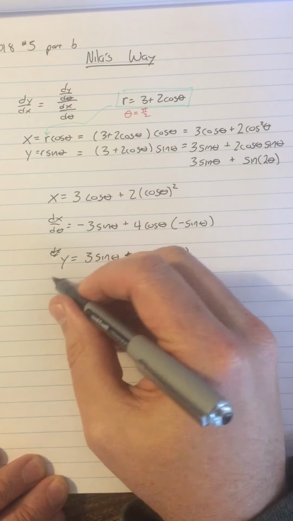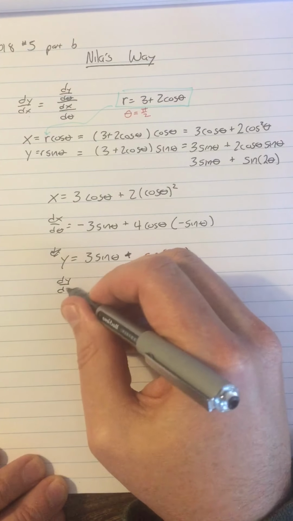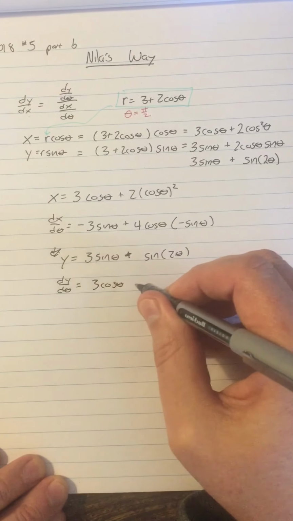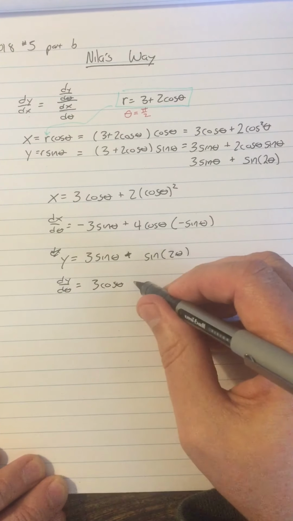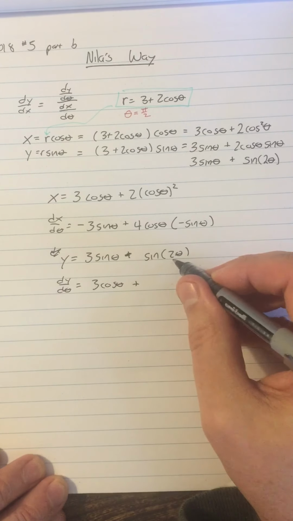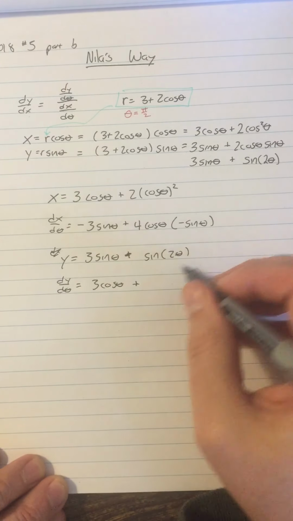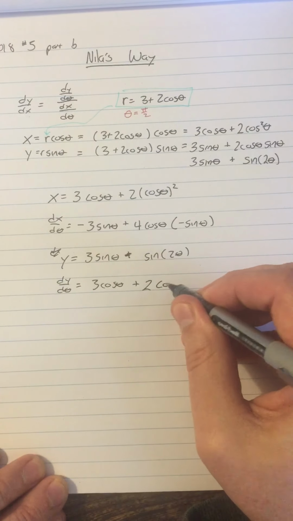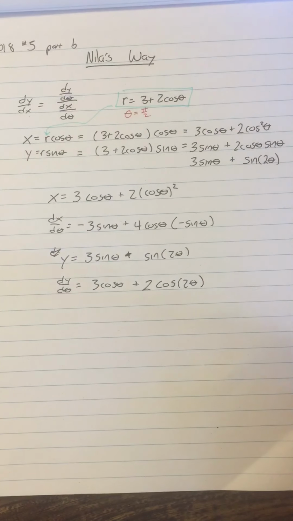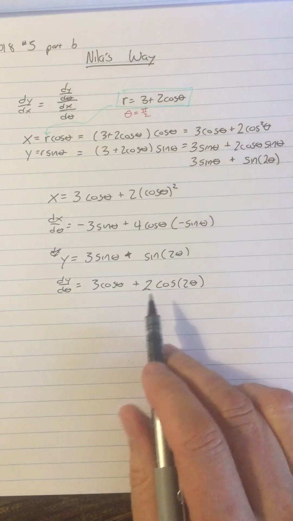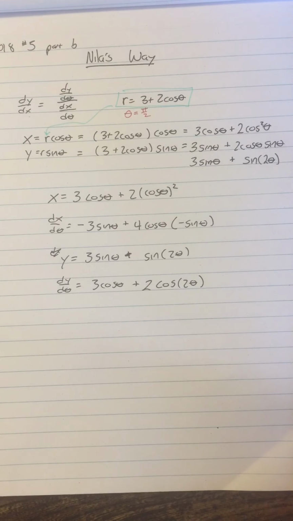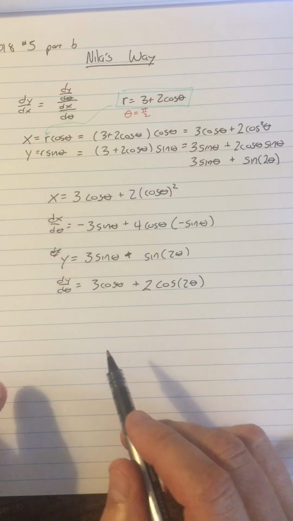That means that dy/dθ is equal to 3 cosine theta, just doing the derivative, and then it's going to be plus, so this is a chain rule, cosine of 2 theta times 2 for the inside function. So she put 2 cosine of 2 theta. I'll just copy NILA. I'm sure lots of people have experience doing that. 2 cosine of 2 theta. All right, so then all we have to do is evaluate these two at pi over 2.